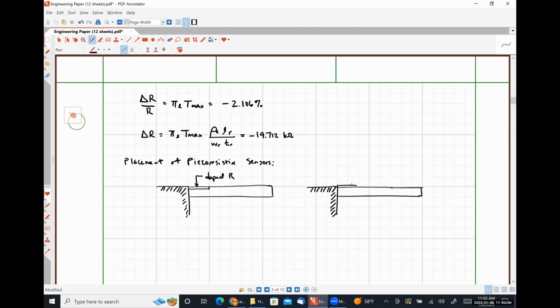And this guy over here would be an example of a deposited piezoresistor.